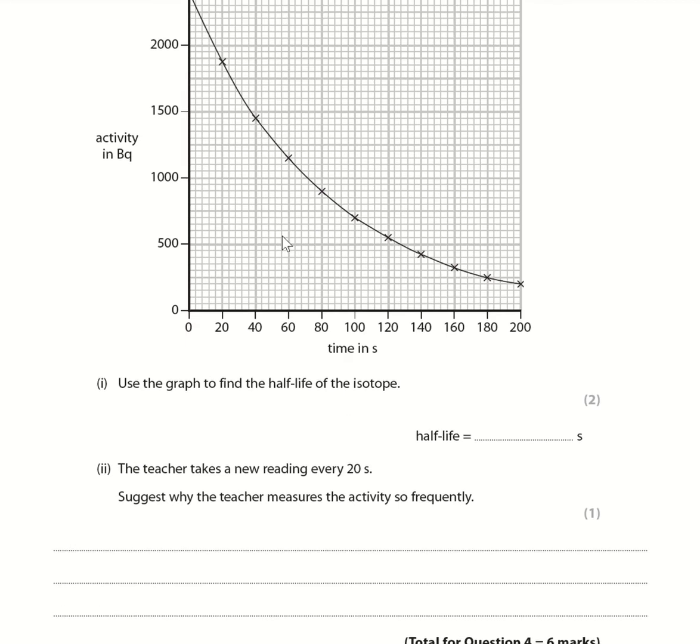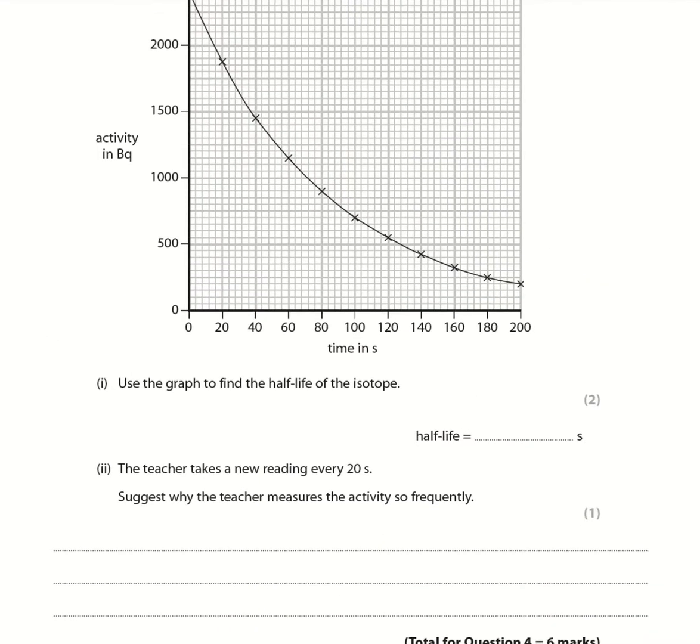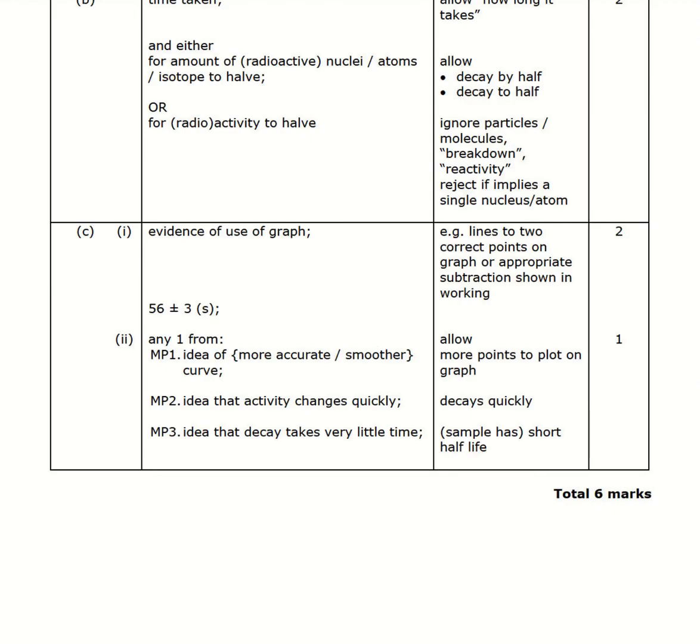The teacher takes a new reading every 20 seconds. Suggest why the teacher measures the activity so frequently. So the idea of more accurate or a smoother curve.